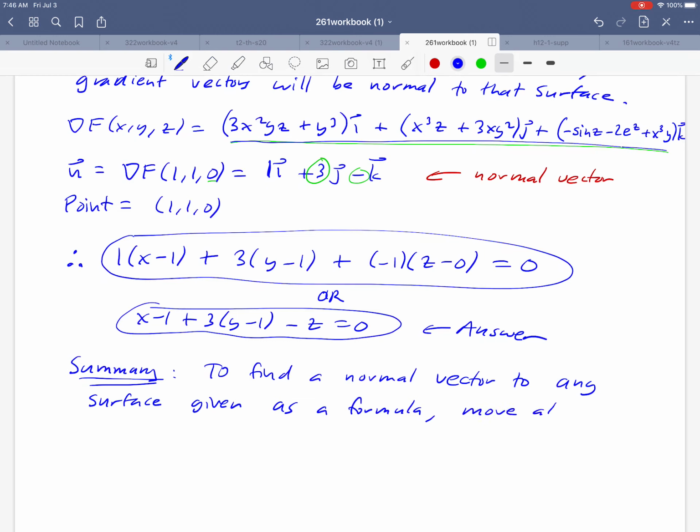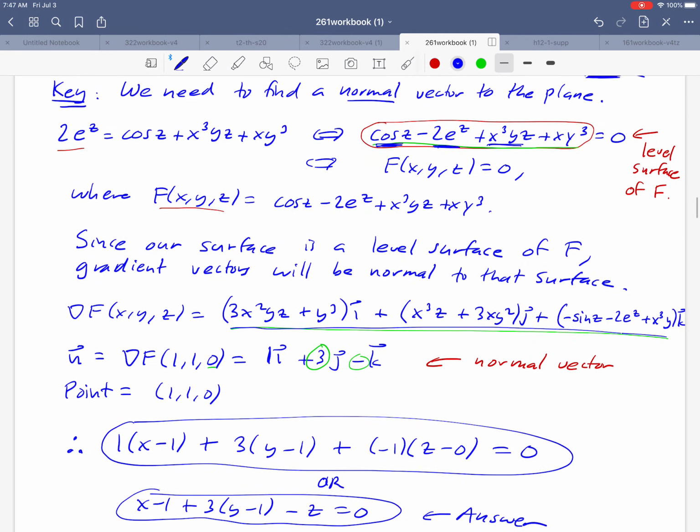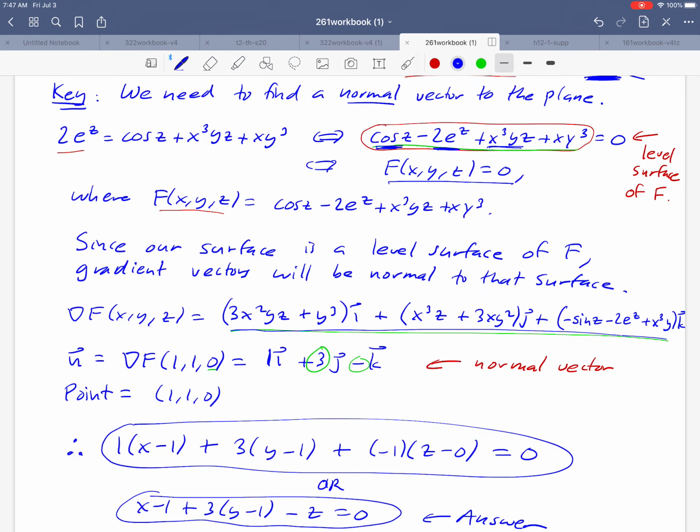Okay, so move all terms to one side of the equation so that your new formula has the form f of x, y, z equals 0. You might remember that from the solution that we just wrote. Okay, the f of x, y, z equals 0 is sitting right up there.